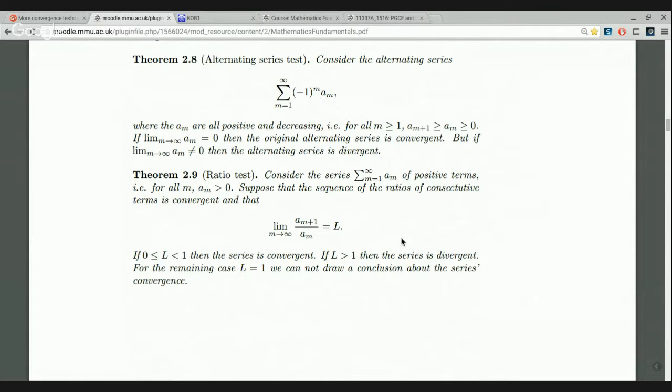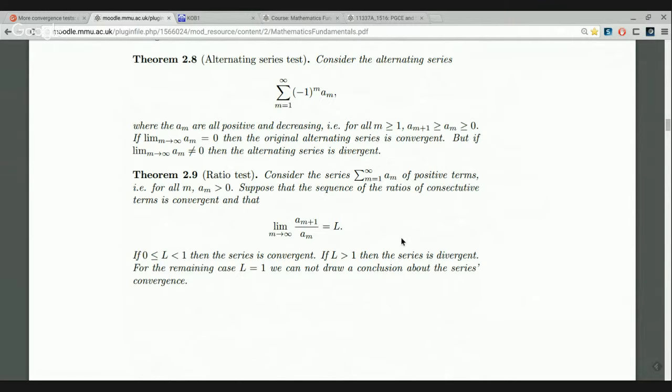Sometimes it's a kind of process of trial and error, but as you do more examples, you get more used to noticing the types of series that each particular tool is appropriate to. So those comparison tests we just looked at will generally work on any series whose term is a ratio of polynomials in the summation index.